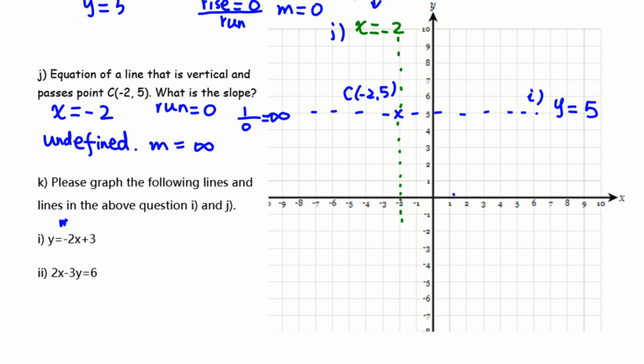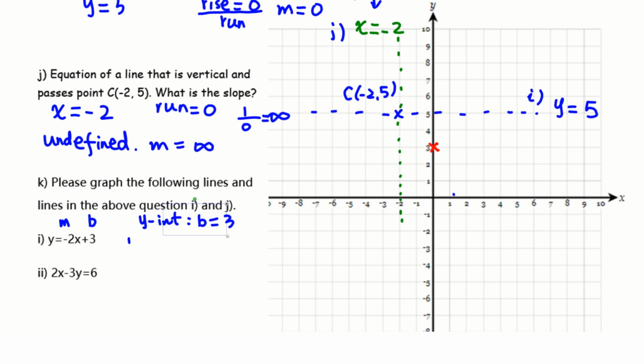What you are going to do is find the y-intercept first. So y-intercept is your b value is 3. It's on the y-axis. So y-axis is 3. This is your y-intercept. And from the y-intercept, we are going to use the slope.